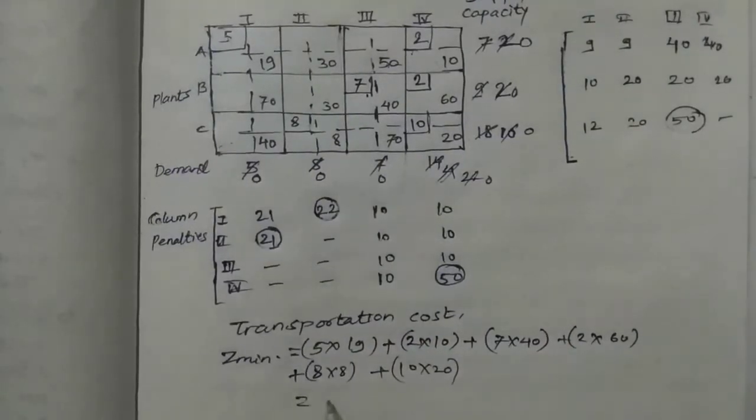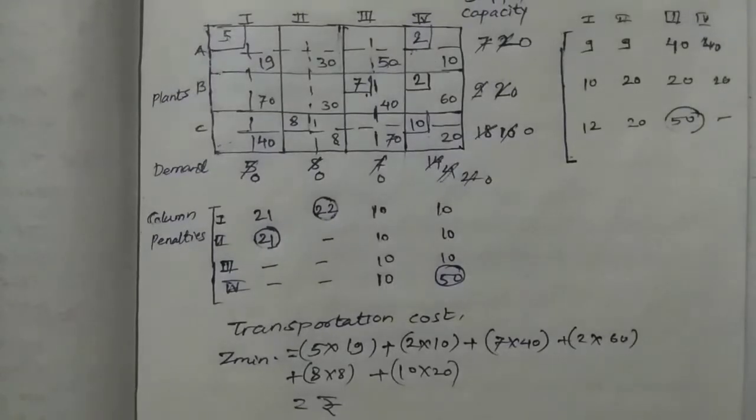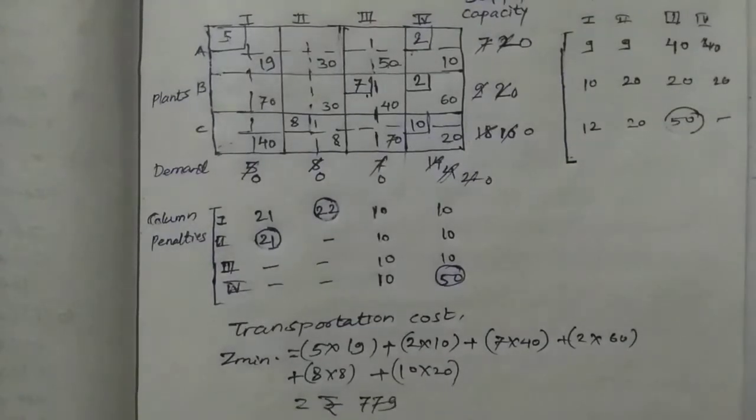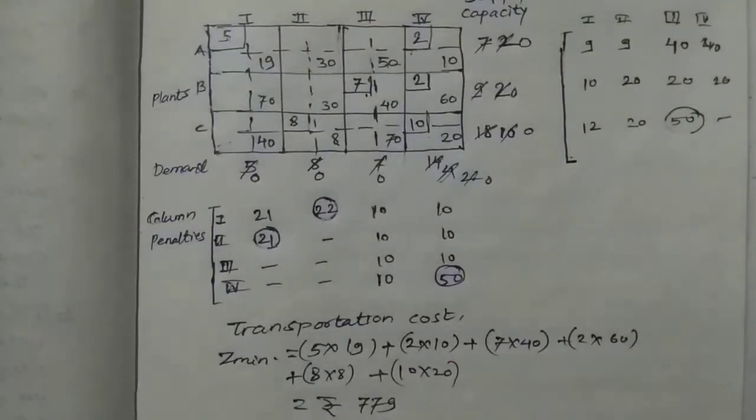So now let us calculate the total transportation cost. It comes rupees 779. So this is the transportation cost by VAM.